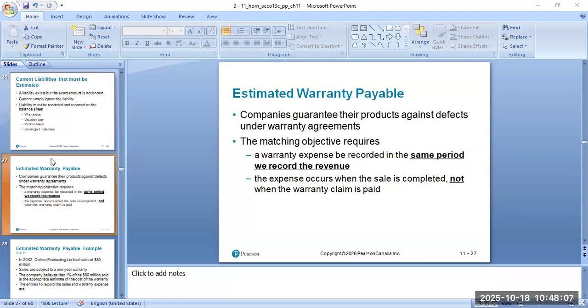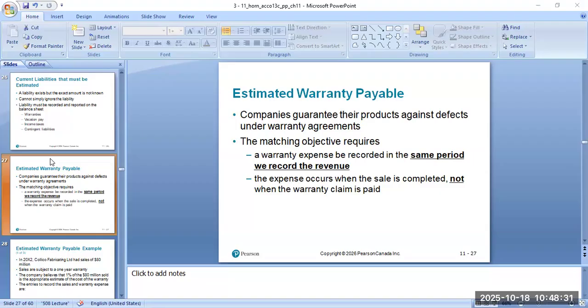If the sales period is the current year, I have to record those warranty expenses in the current year. But I don't know how much the warranty is going to be, because the warranty is only going to happen if the client comes back and asks for repair or replacement.